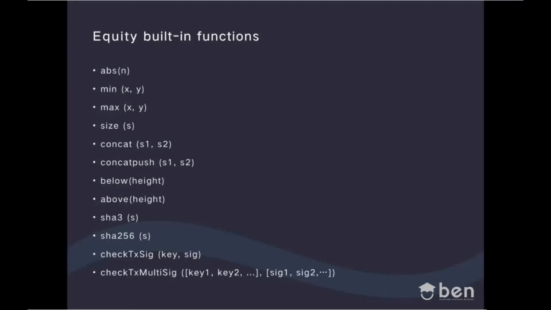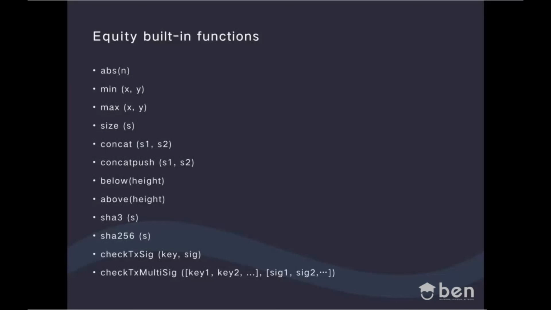The third one is size, which takes the length of a string s. Then concatenate s1 and s2, which concatenates two strings and produces a new string. Concat push s1 s2 generates a new string by concatenating s1 and s2 and puts it on the VM stack.